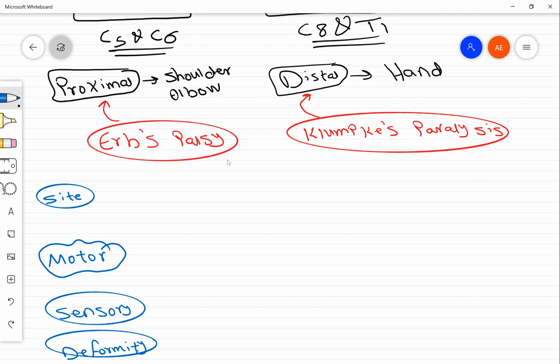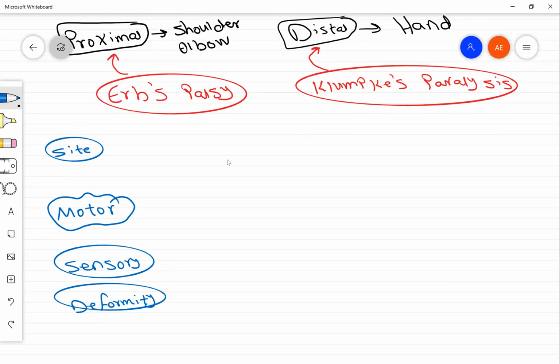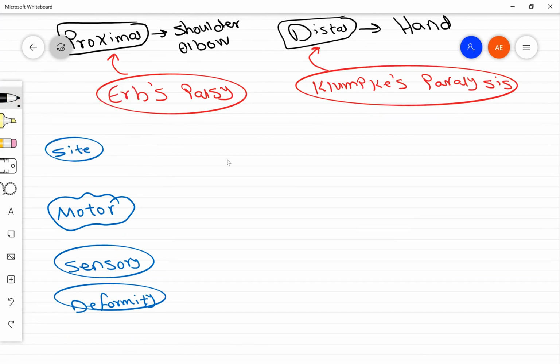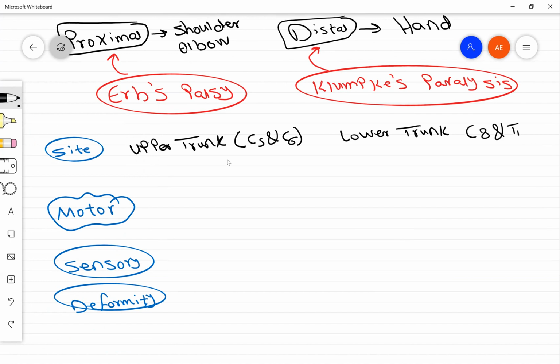Okay, excellent. What is the site? Of course, all of us know it. The site of each lesion: Erb's palsy in the upper trunk of the brachial plexus, C5 and C6. Klumpke paralysis, of course, is in the lower trunk, C8 and T1.